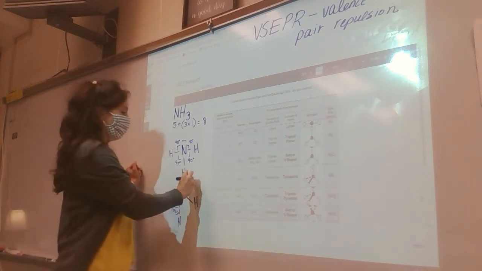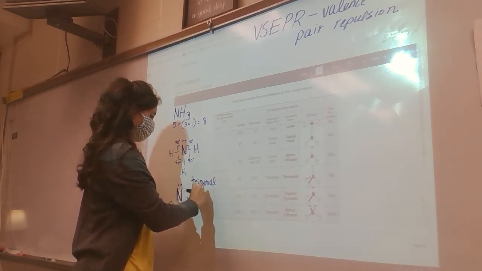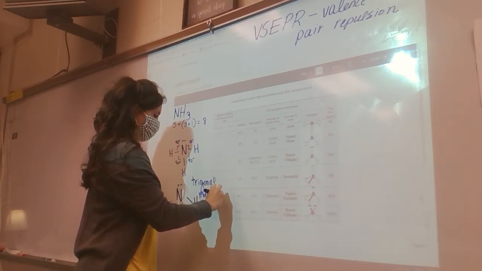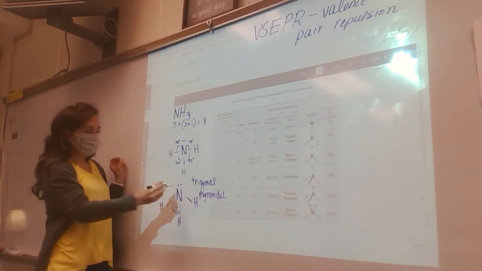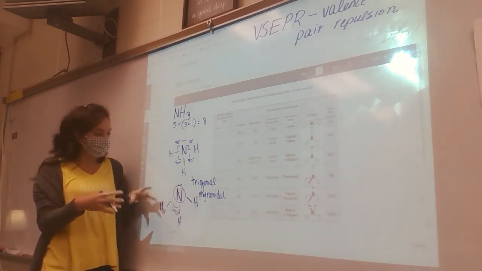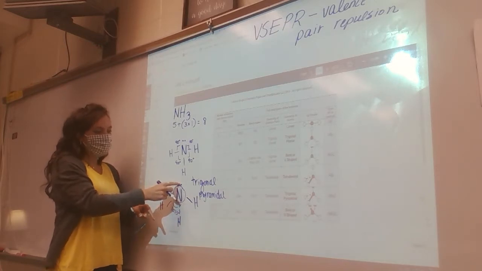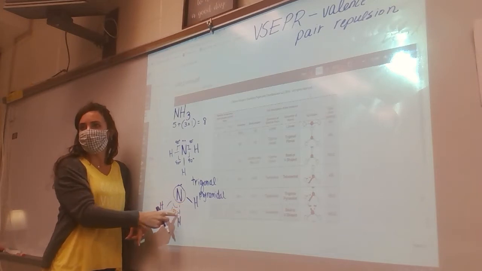So we would call this trigonal pyramidal. And the shape, you always base it on the central atom and what's on the central atom. On this central atom, there's a single lone pair and 3 bonding areas.